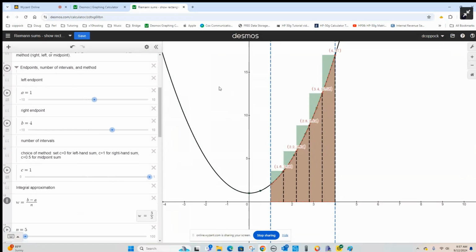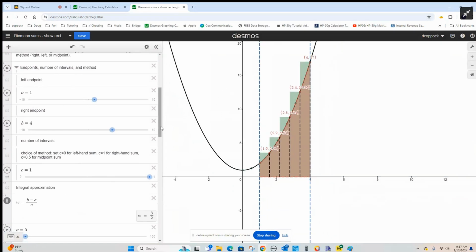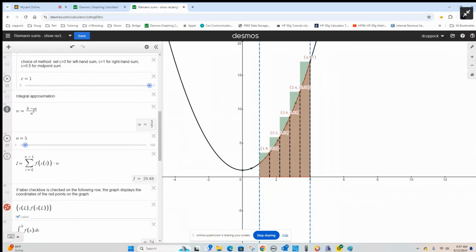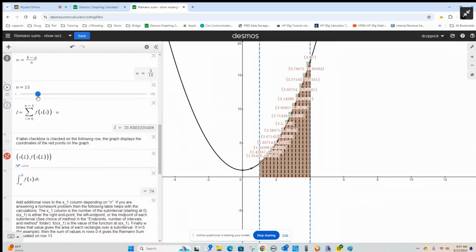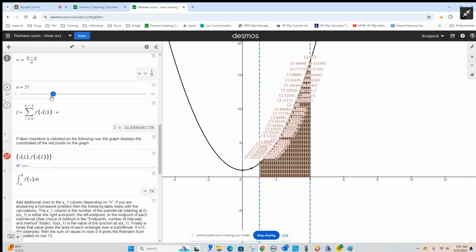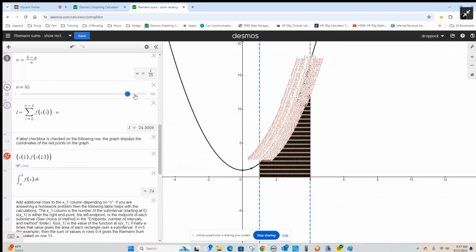We used right-hand endpoints. There's the width, b minus a over n. Here's the number of rectangles. So as the number of rectangles increases, the approximate area gets closer and closer to the exact area, which is 24. Okay, so there's the 100.